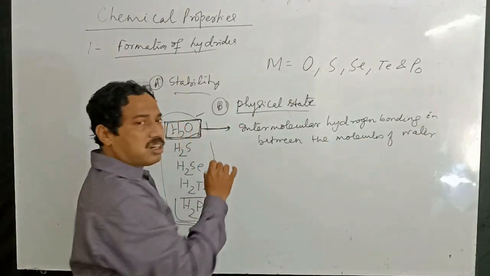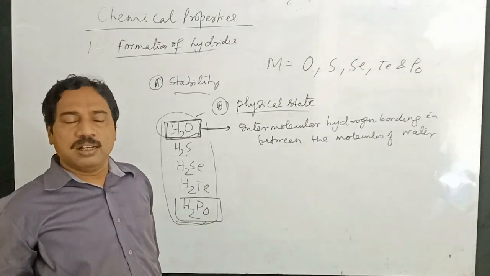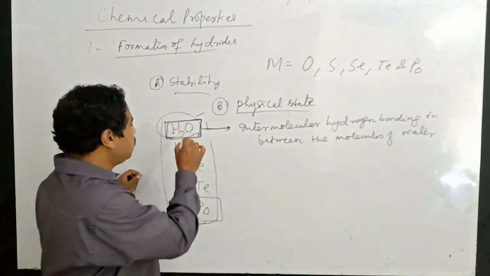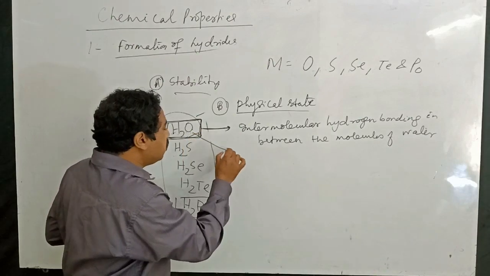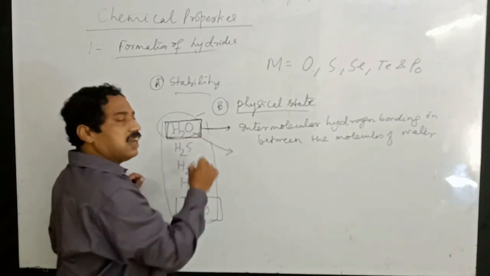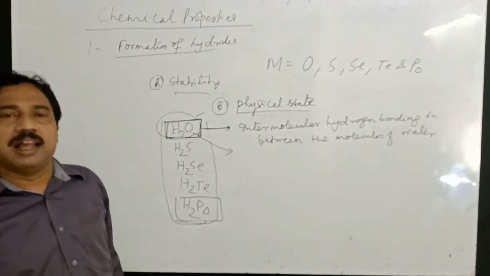That means water is capable of forming intermolecular hydrogen bonding, which is possible due to the smaller size of the oxygen atom and its higher electronegativity value.